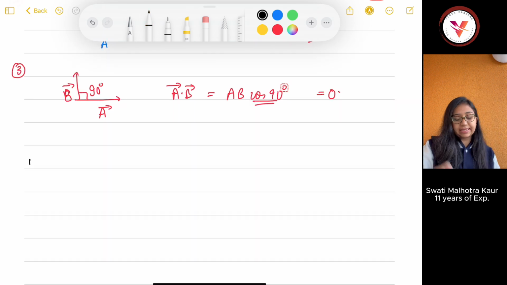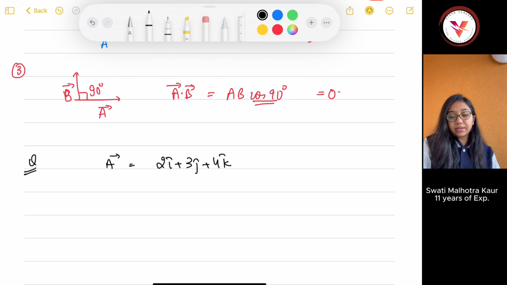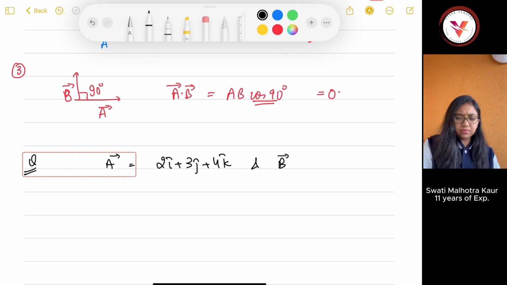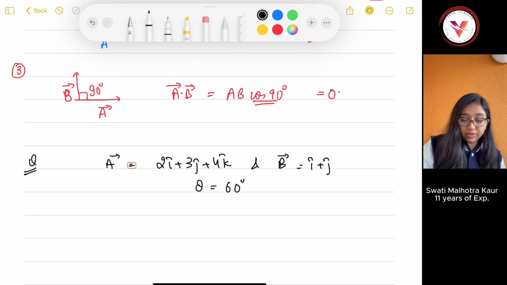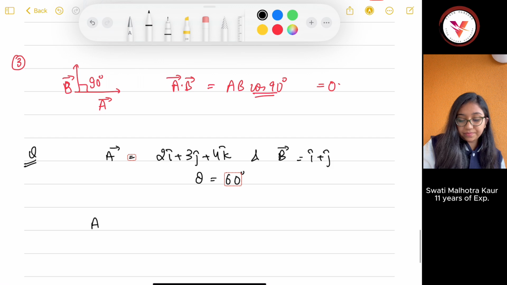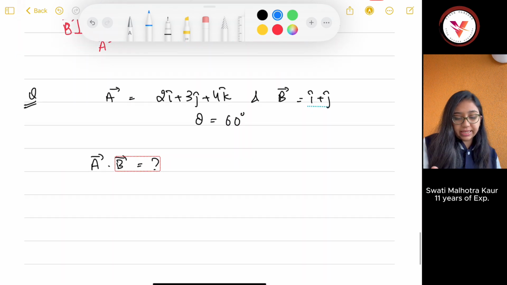Now you can see, let's say you have some A vector of 2i cap plus 3j cap plus 4k cap, and B vector something like i cap plus j cap, and theta is 60 degrees here. Okay, so one method to solve this A dot B is you simply get the magnitude of A, magnitude of B, and put cos 60 degrees.